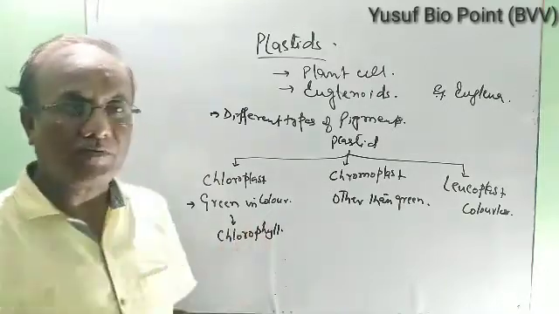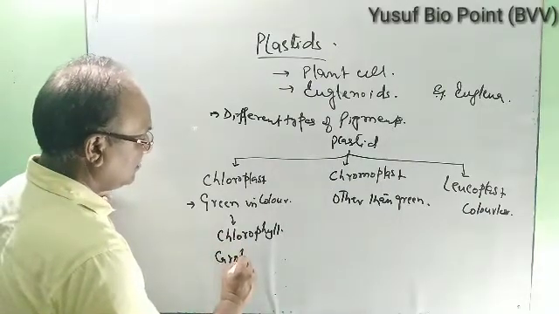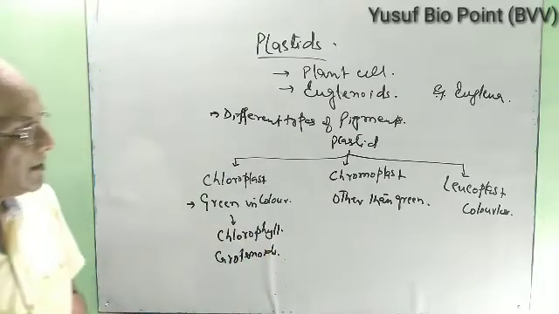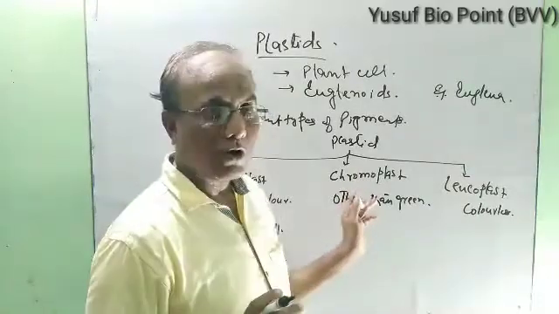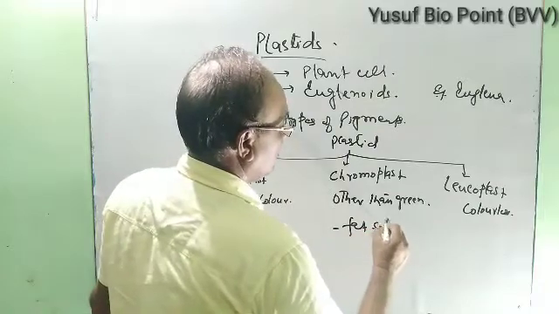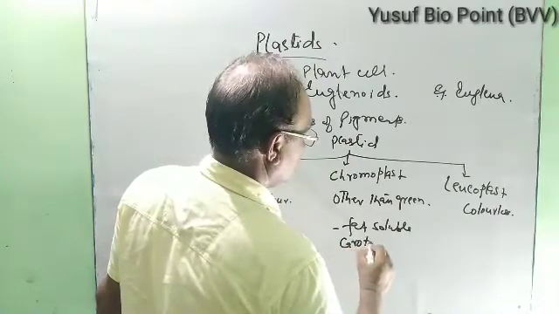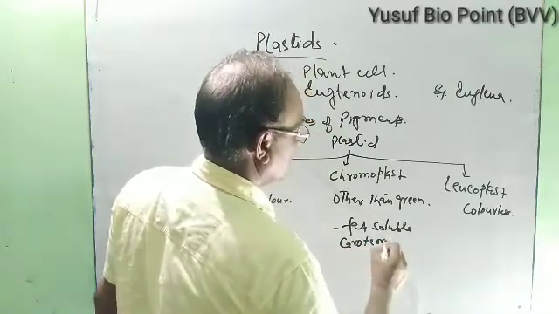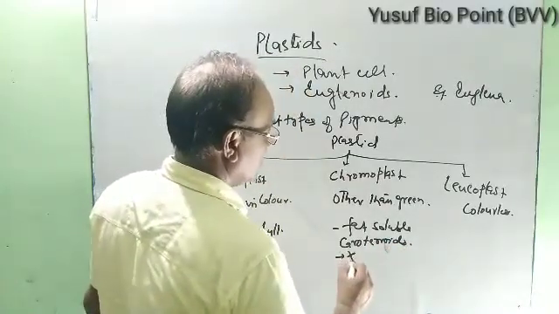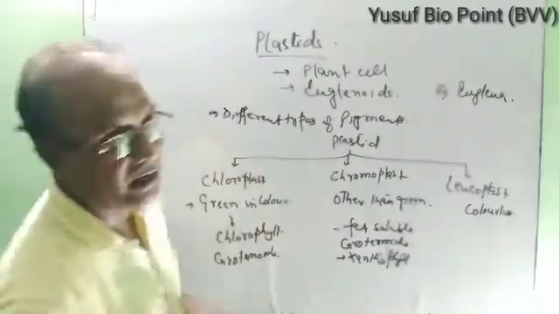So chloroplast contains chlorophyll, and in addition to chlorophyll, chromoplast also contains fat soluble carotenoids, xanthophyll.